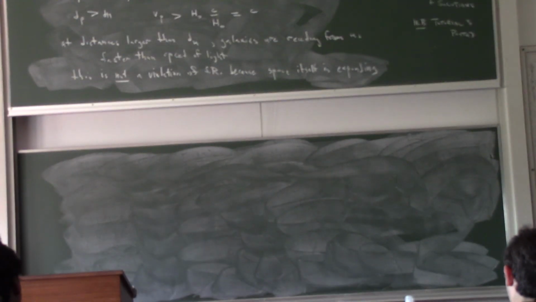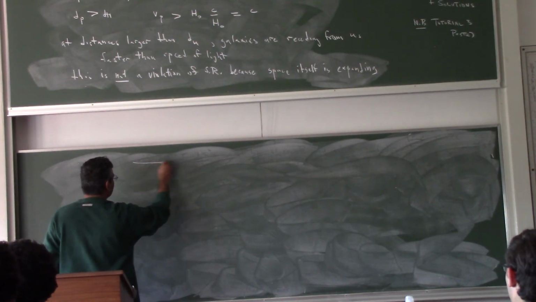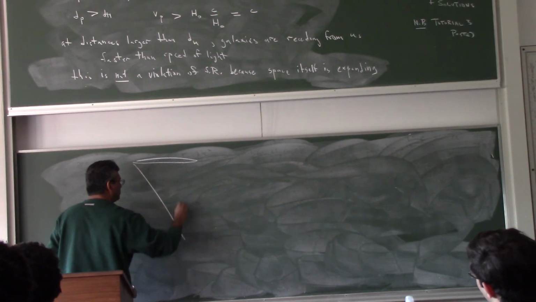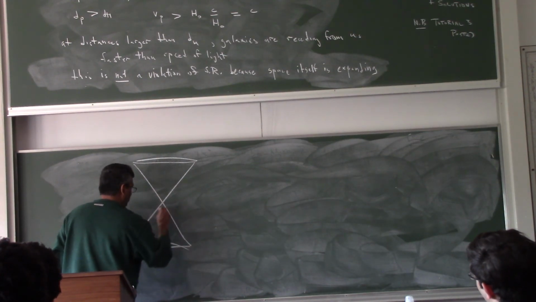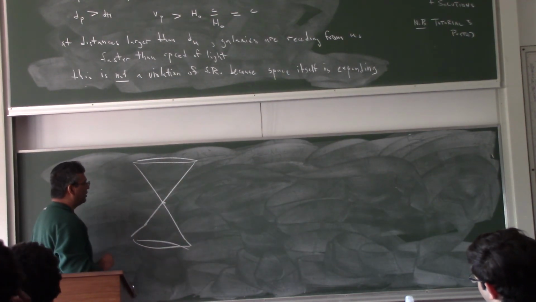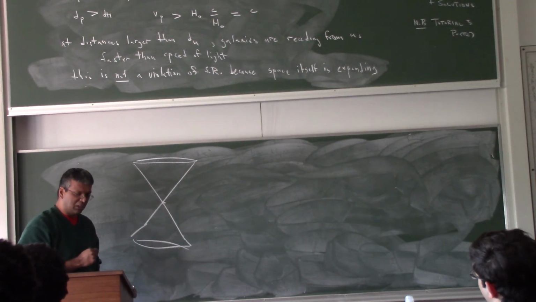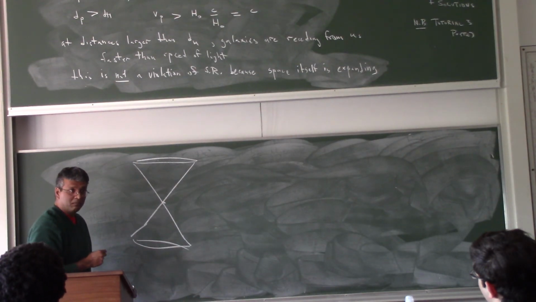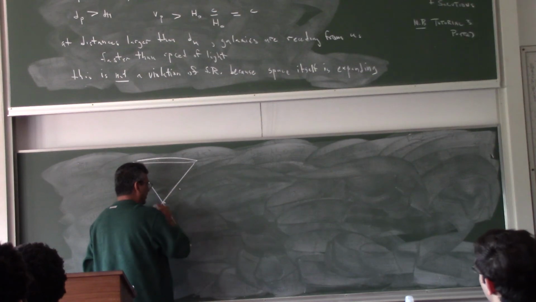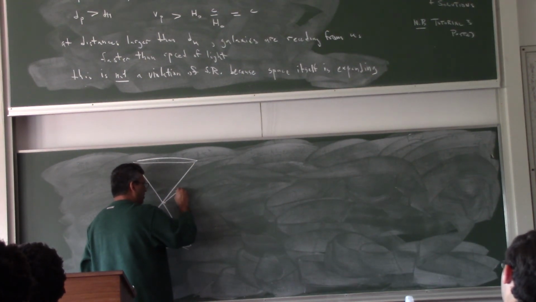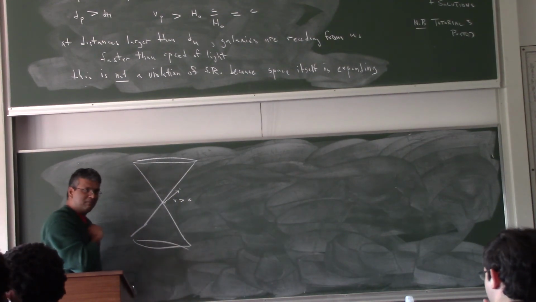So let's return to our cartoon picture of the light cone. So this is us. And points within the light cone are points with which we can communicate with signals that are sent slower than the speed of light. So to reach a point outside the light cone, say a point here, I can send a signal at a velocity v greater than the speed of light.